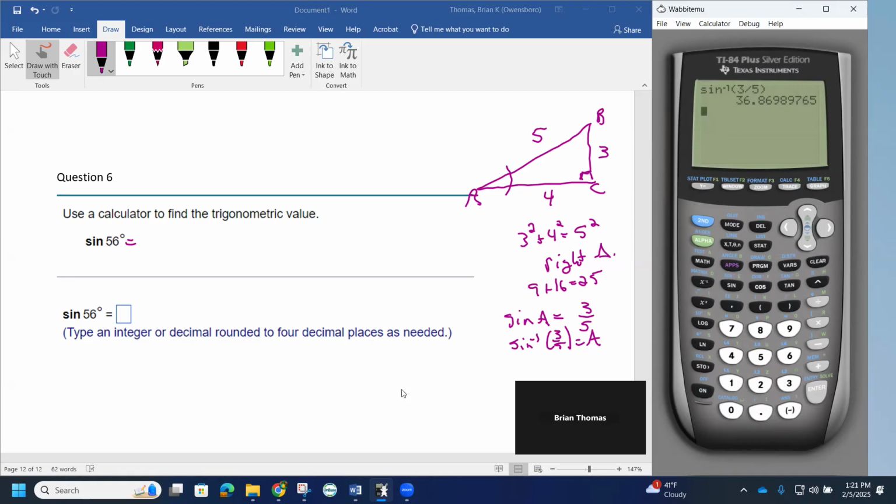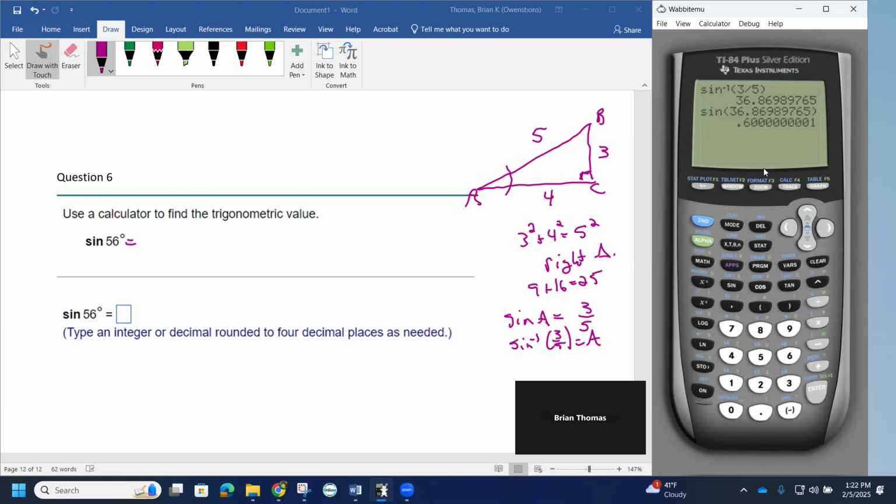So in other words, if I took the sine of that angle, if I copy this in to here, it should give me the ratio of 3/5.